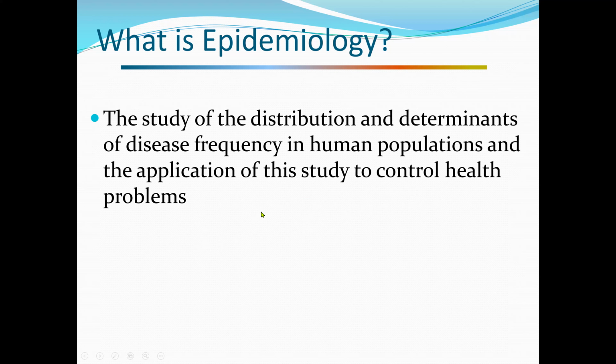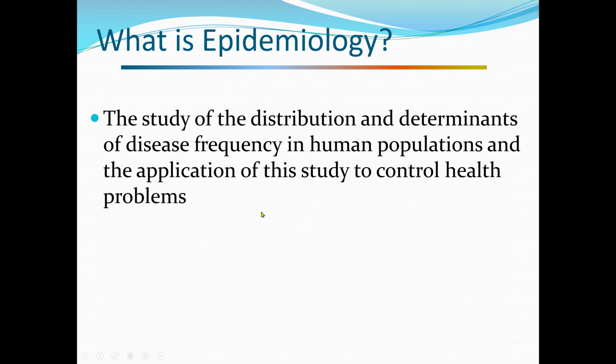So again, epidemiology is the study of the distribution of diseases or health problems, and the factors or determinants of disease frequency in human populations, and how to control them.